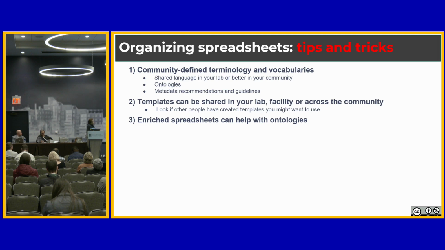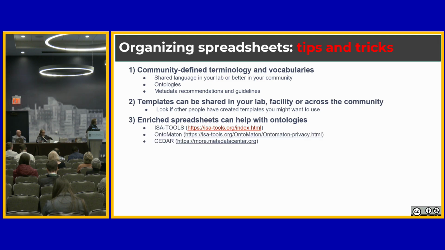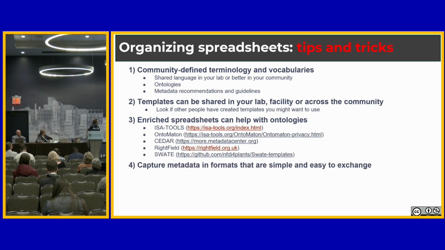Then there are also more advanced tools, spreadsheets that use ontologies, that allow you to more easily enrich the spreadsheets with ontologies. There are different tools that I'm listing here that are out there and being developed. They tend to be relatively easy to use, so this is something I encourage you to look into.